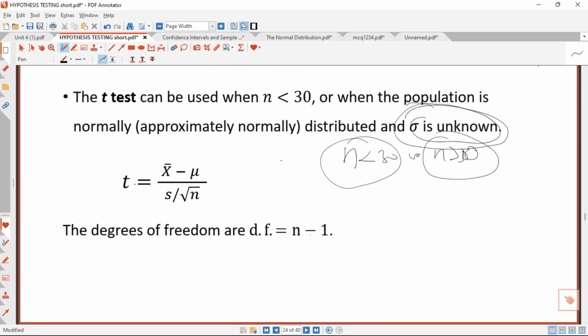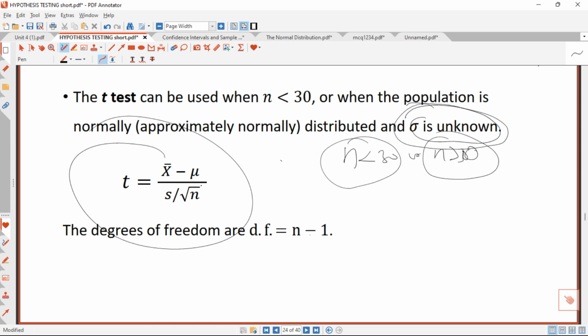So when we come here, we have what we call the t calculated, right? The t calculated is equal to x bar minus mu, divided by s divided by the square root of n. You see that this is more or less similar to the test statistic for the z-test.